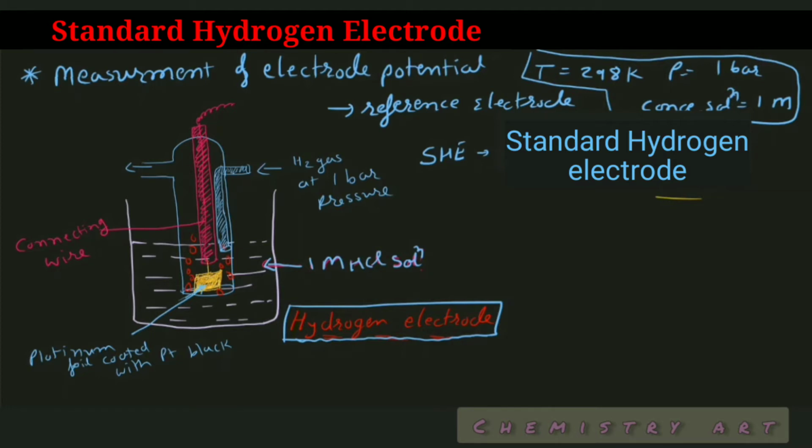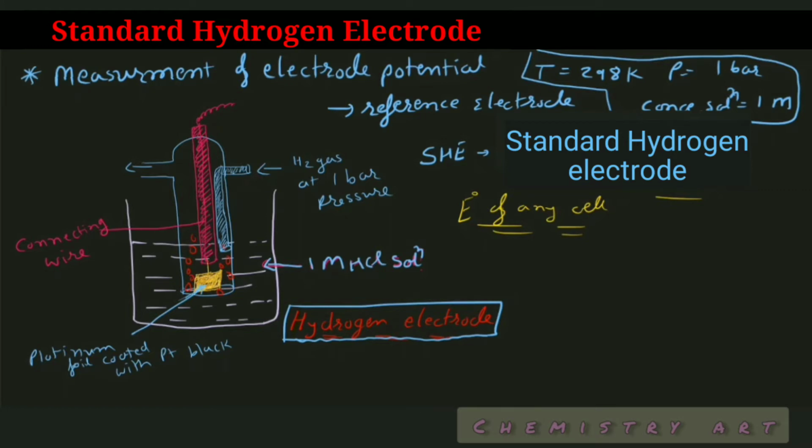We can get the potential of another electrode with the help of this standard hydrogen electrode, and it is known as the E0 of that other cell. So we are taking the hydrogen as a reference cell.